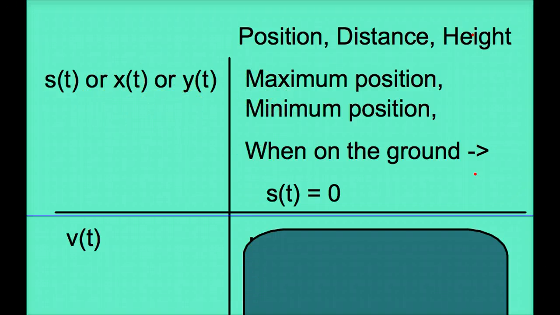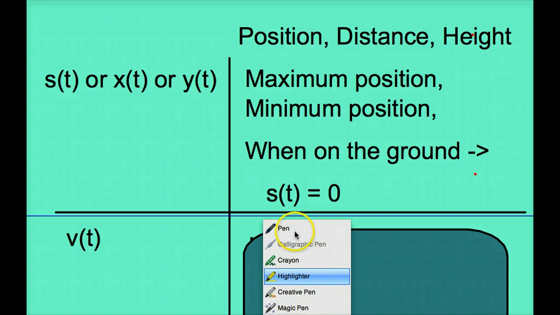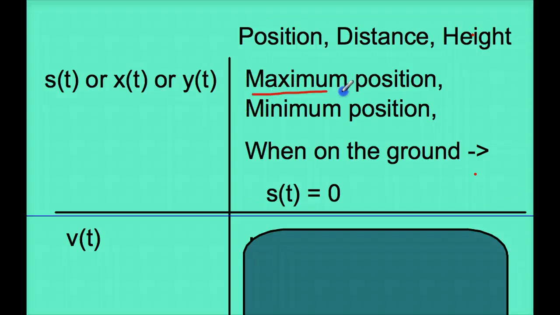Anytime you see the word maximum or minimum, position, then you should also use the s of t, x of t, or y of t. And most importantly, anytime something is on the ground, is at the ground level, that means you're going to want to set this s of t, or x of t, or y of t equal to 0 to find out when this is actually happening.